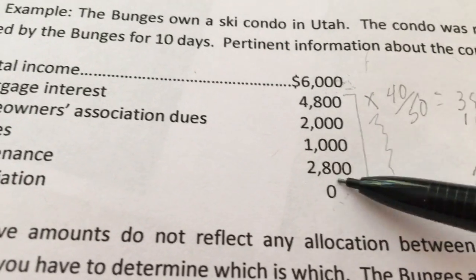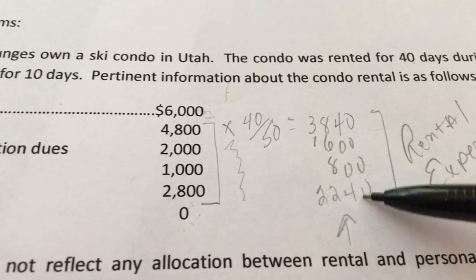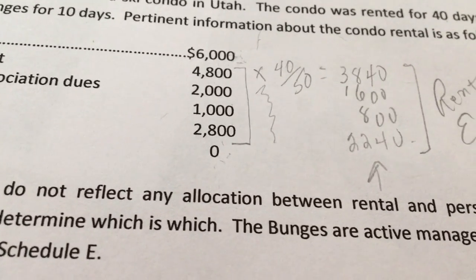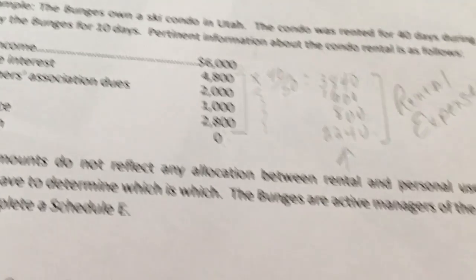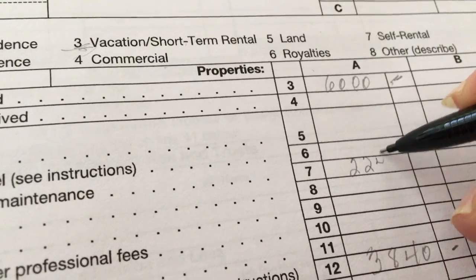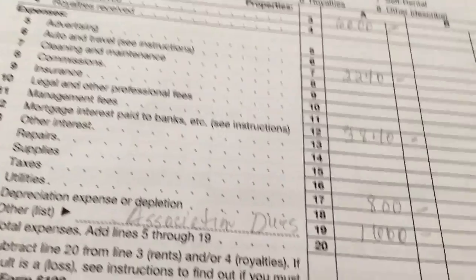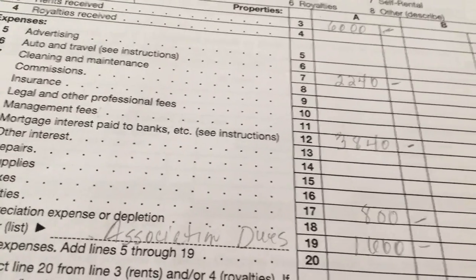They chose not to allow, it's fully depreciated is what they're saying. So maintenance is going to be $2,240. $2,240 is going to come in on line 7, $2,240.